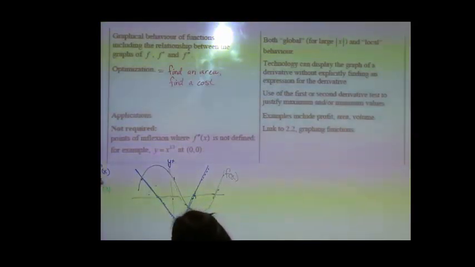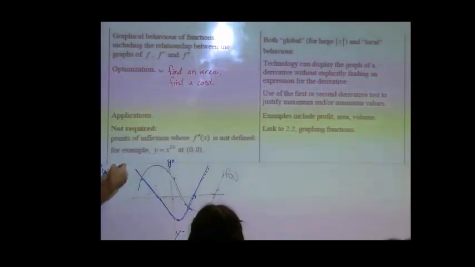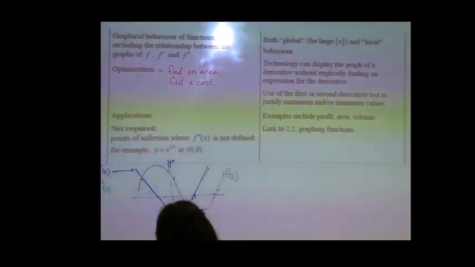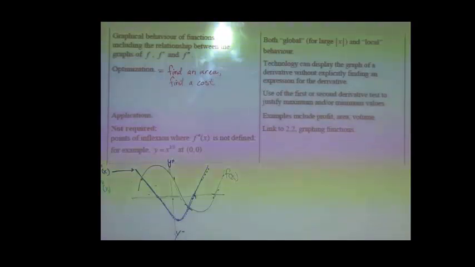So blue is the first derivative. Now, what's the graph of the second derivative going to look like?